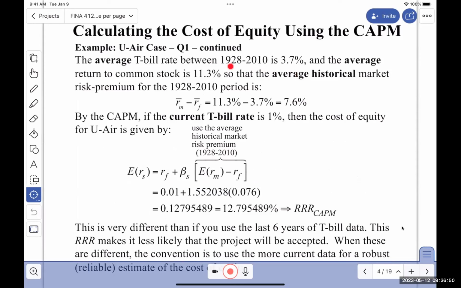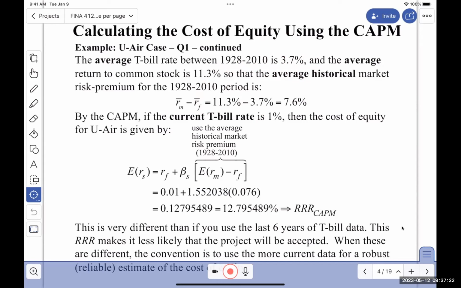If you remember the beginning set of notes for risk and return, I'm going to use all the data. And remember, in that data, you can check the expected return for the S&P 500, a measure of common stock returns. The T-bill rate was 3.7, and for common stock returns it was 11.3.